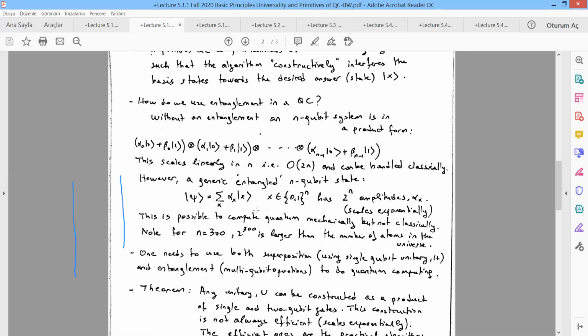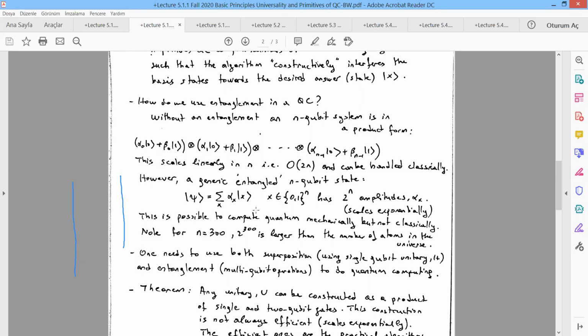As we discussed, unitary transforms on this kind of state are possible to compute quantum mechanically, but not classically, just because there are too many amplitudes. So one needs to use both superposition and entanglement to be able to achieve some speed up or some benefit with respect to classical computation.